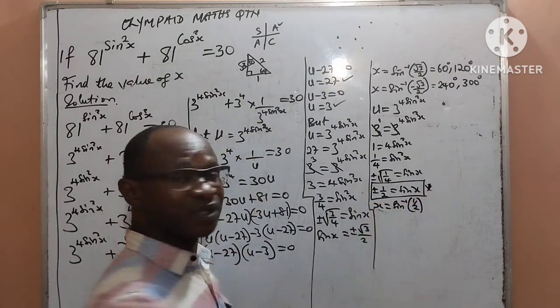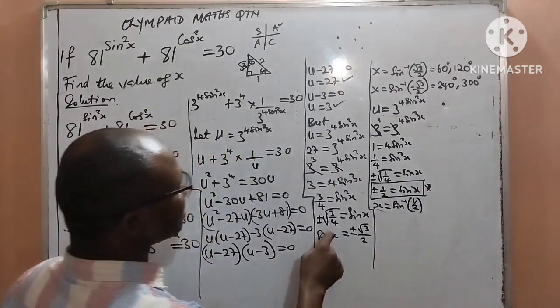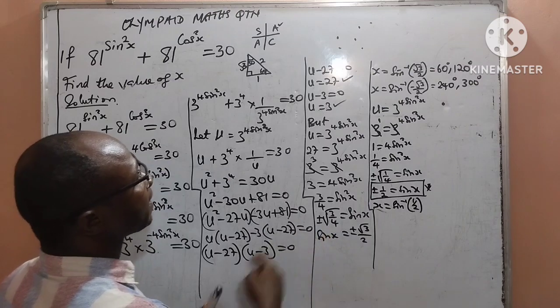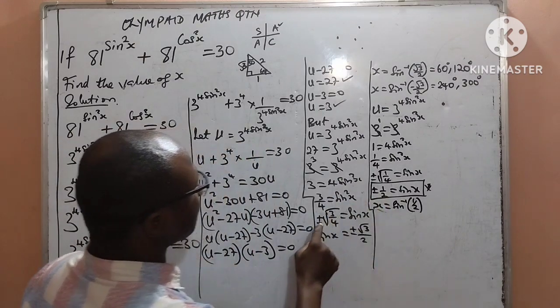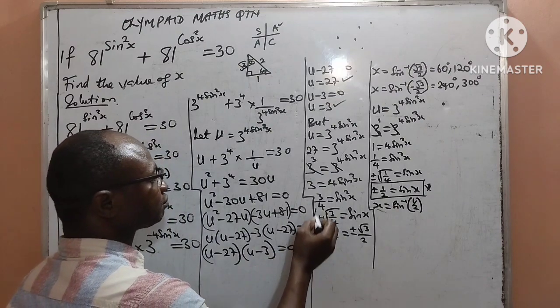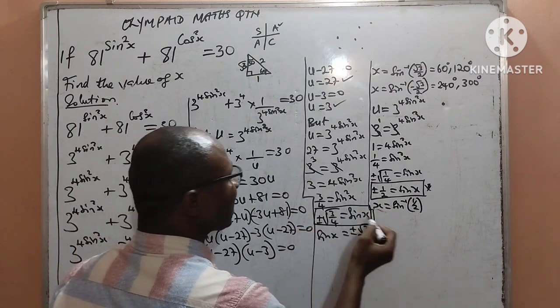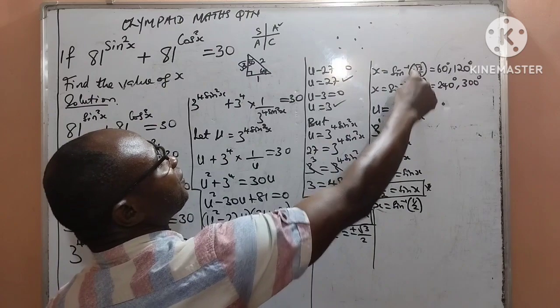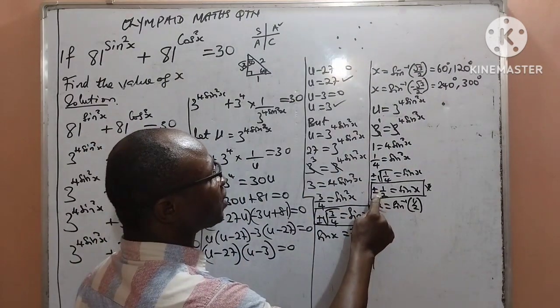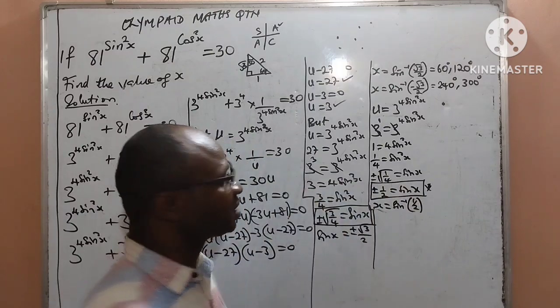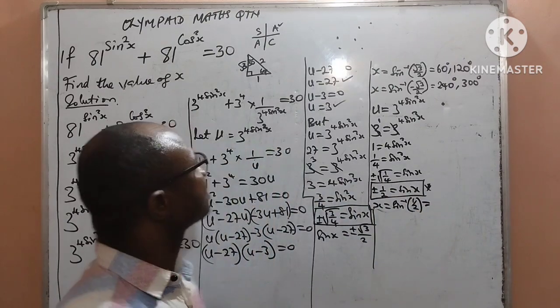So I'm taking the positive side. That is why I have to find for positive and negative. At this time again, I have plus or minus, so I'm going for positive first. What will be the value of x?